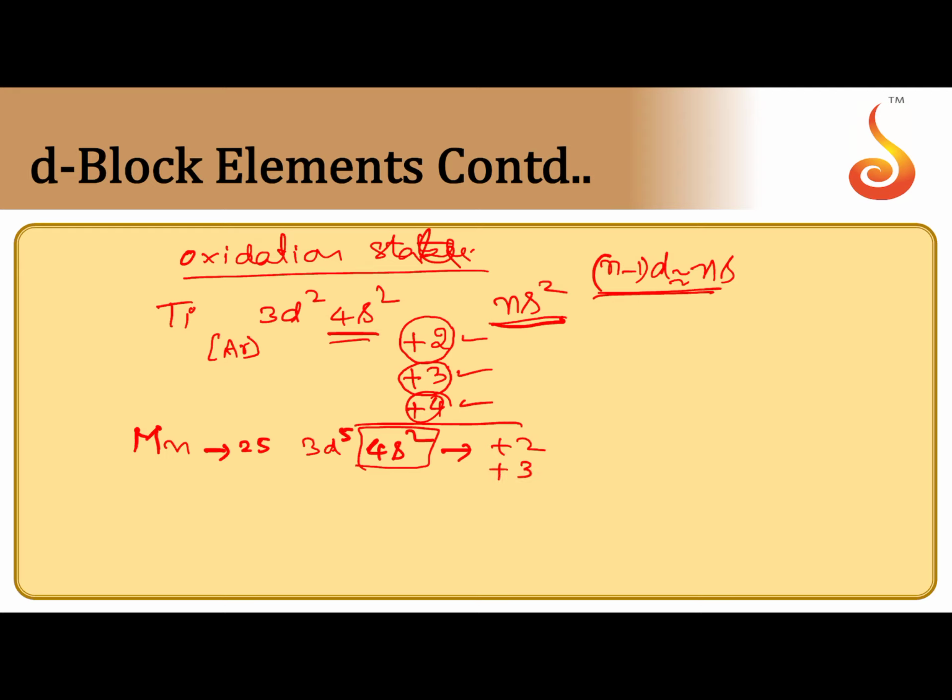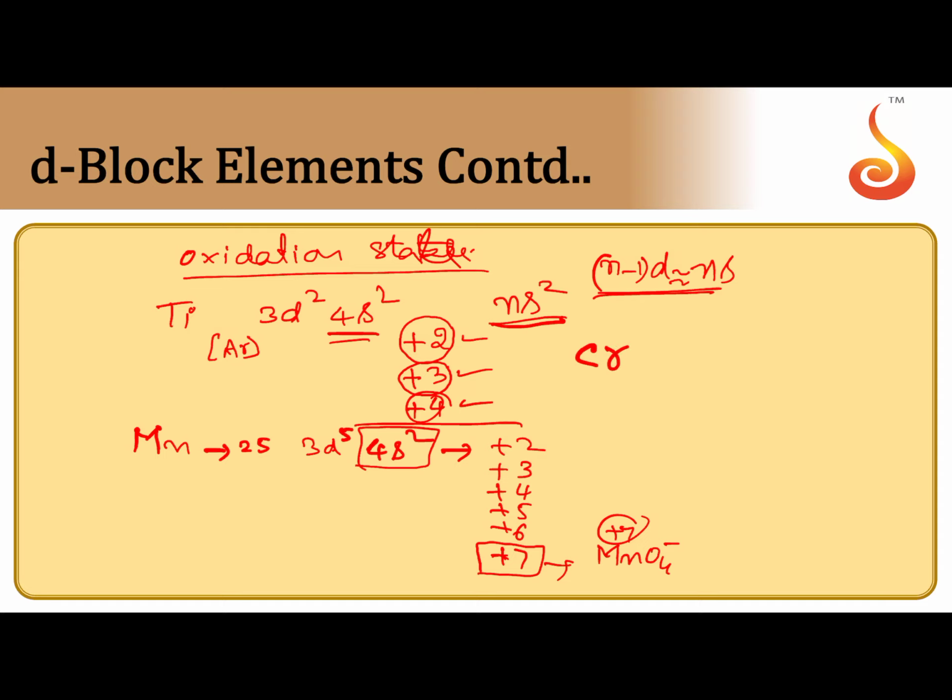So, 2 plus 1 is 3, 2 plus 2 is 4, 5, 6, 7. So, the maximum oxidation state exhibited by manganese equals ns electrons plus n minus 1 d unpaired electrons. So, plus 7, for example in MnO4 minus, the oxidation state is plus 7.